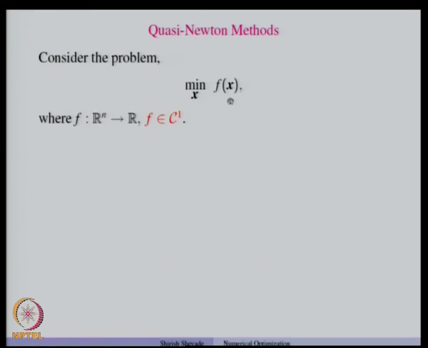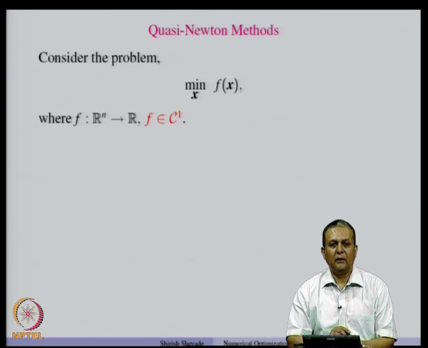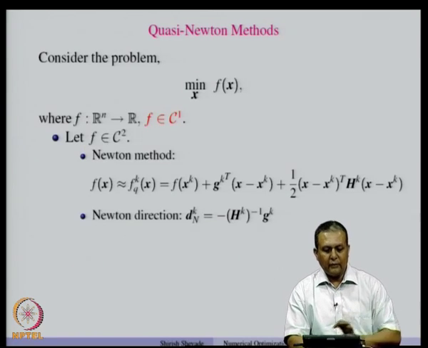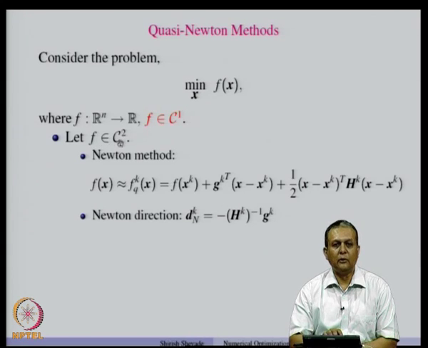Now, consider the problem to minimize f of x, where f is a function from Rn to R, and more importantly f is a continuously differentiable function. If we use Newton method, we have to assume that f belongs to C2, and as we saw earlier, Newton method depends on a quadratic approximation of the function at a given point xk.